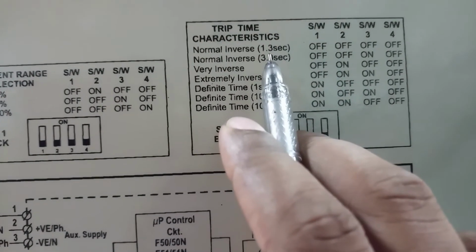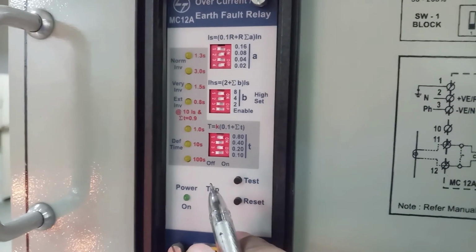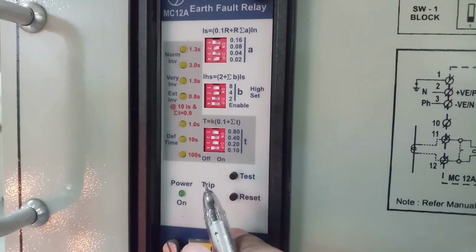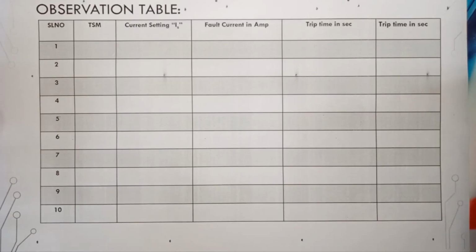So for normal inverse 1.3, our K value, in the case of PSM, is 1. So the time setting multiplier is nothing but 1 right now. Next come to IS. So let me calculate here.